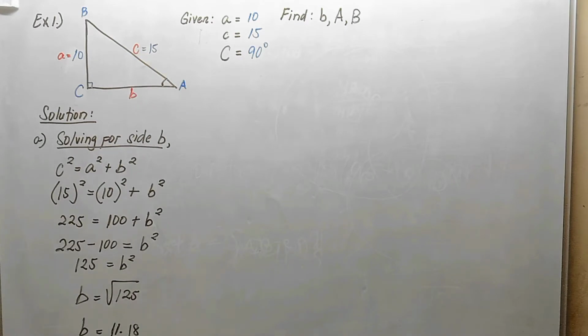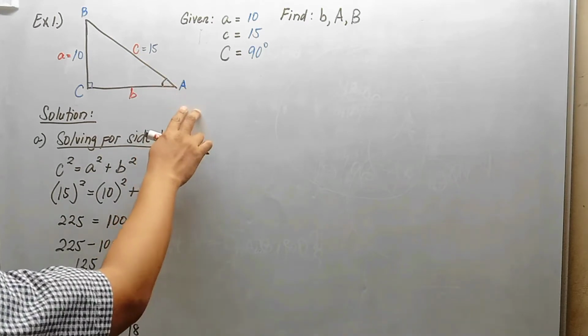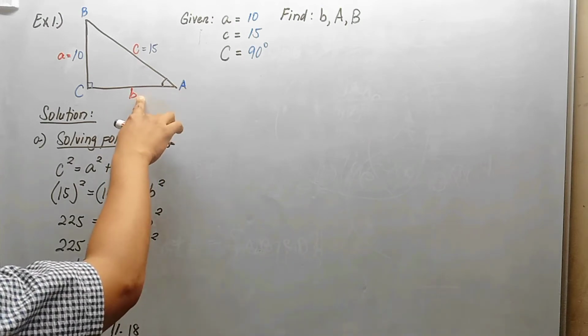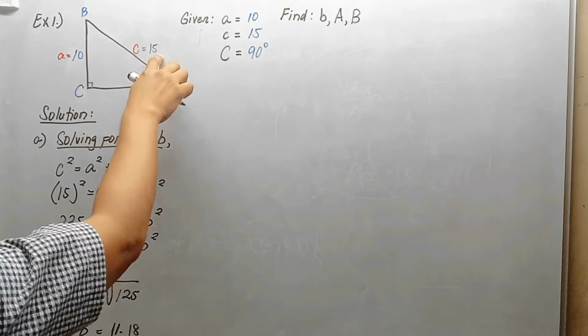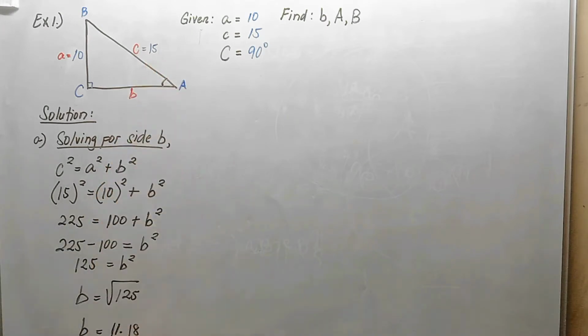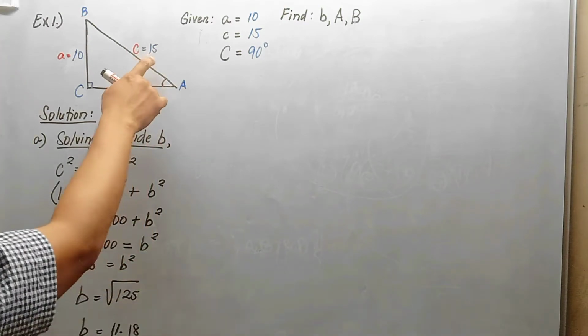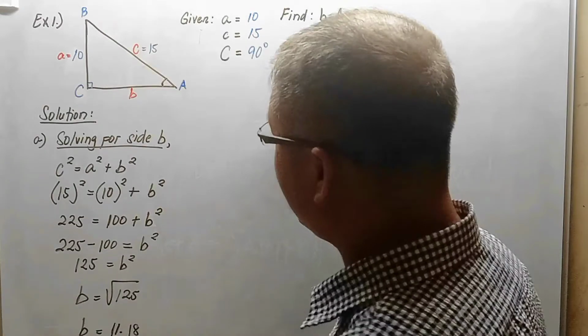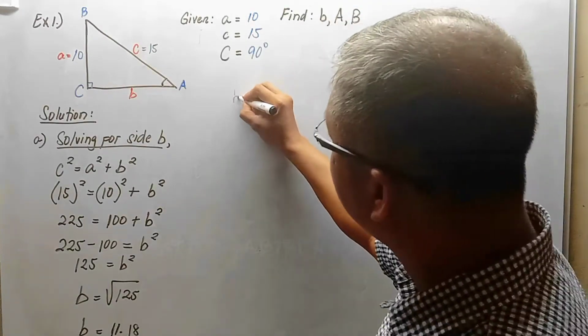Or you can also solve for the angle of A using cosine A is equal to adjacent over hypotenuse. B is already computed, over hypotenuse C. But now we will use the sine function.